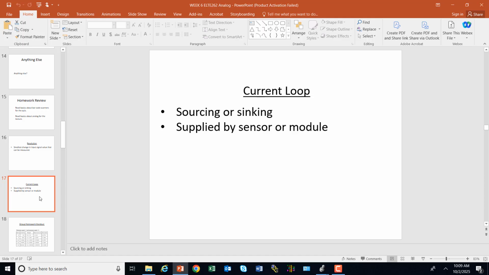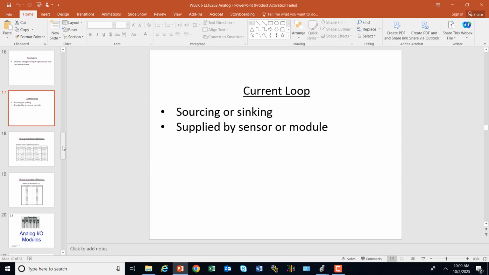So when we hook up our input and output analogs, and we'll be doing this for the next couple of weeks, it's pretty similar. There's sourcing or sinking. The current loop can be supplied by the sensor or the module. As we get into it and we're hooking up, I'm going to be giving you a lot of wiring diagrams and a lot of new trainers that I just put together recently.